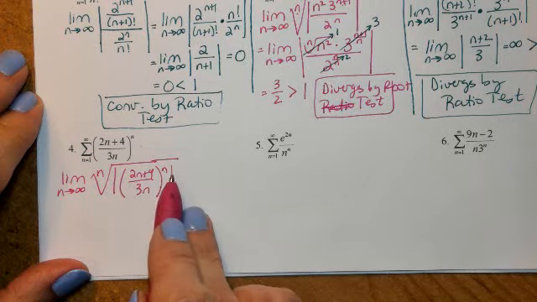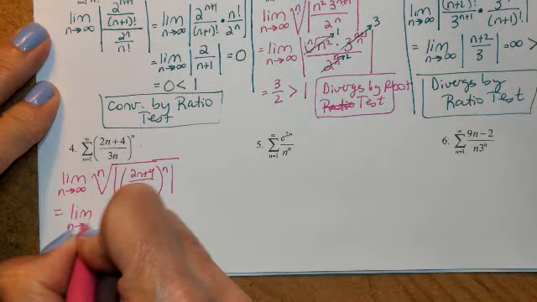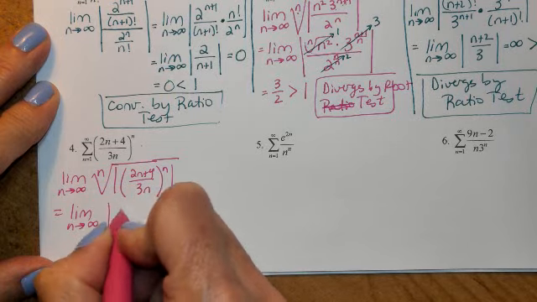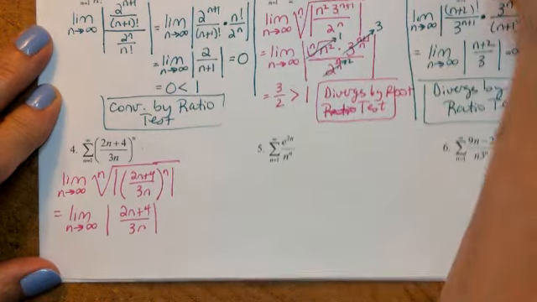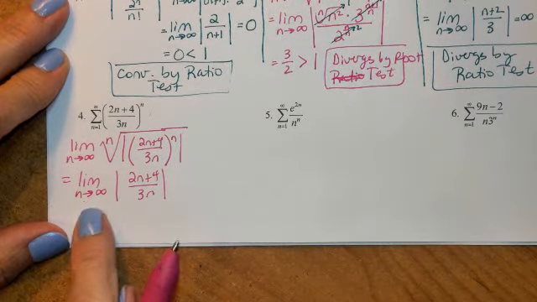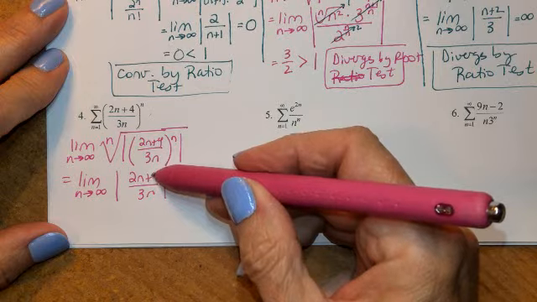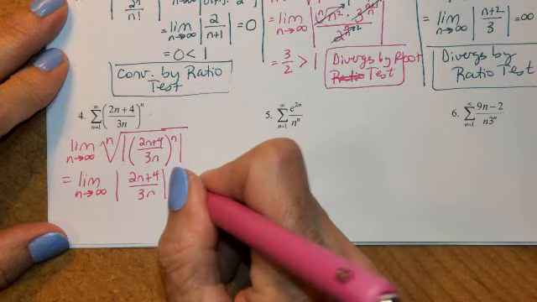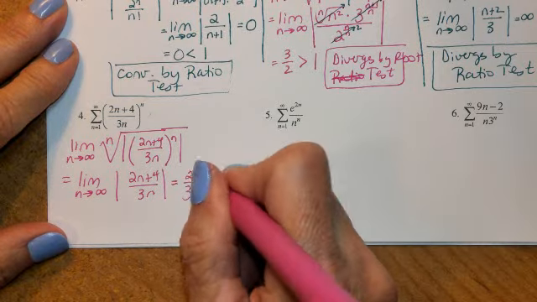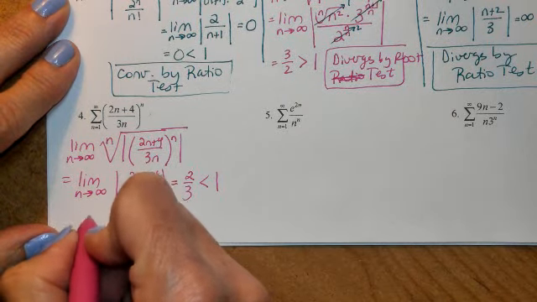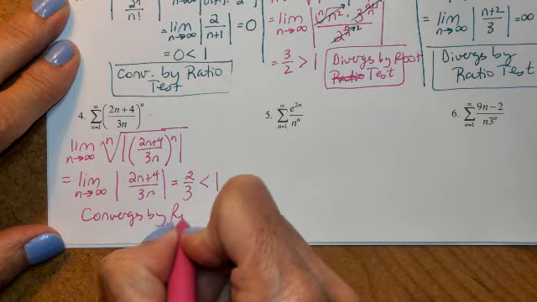The nth root of something to the n power is just what's inside, right? So we get the absolute value 2n plus 4 over 3n. Now let n go to infinity. As n goes to infinity, the plus 4 is insignificant, and the n's reduce, and we get 2/3. Compare that to 1. This is less than 1, so this series converges by root test.